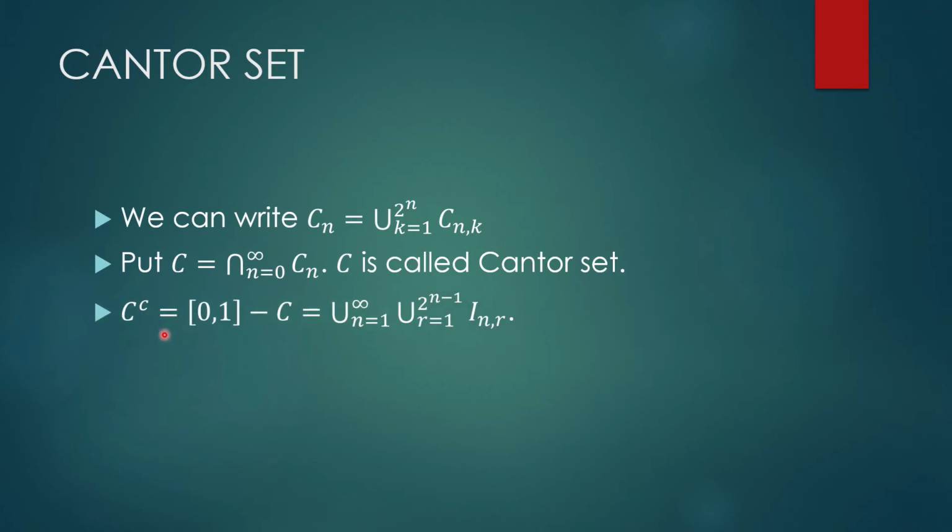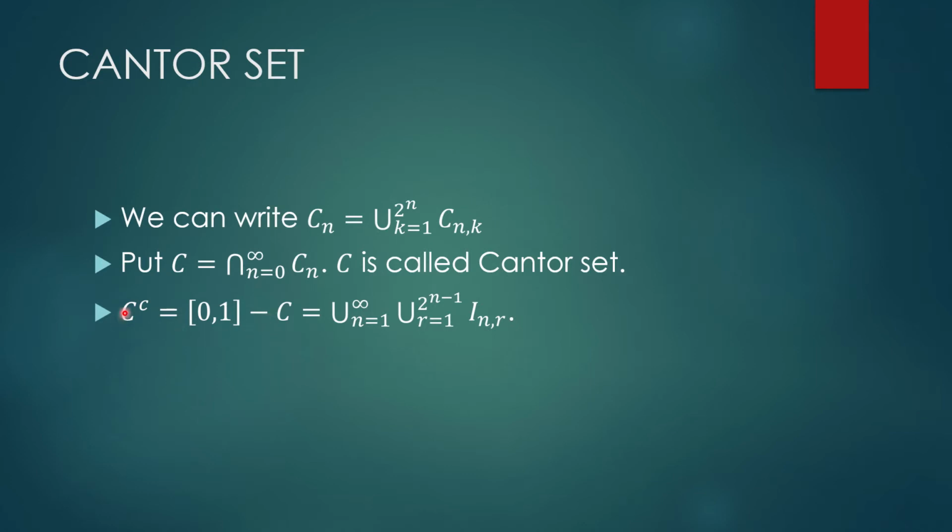Alright, so what is the complement of the Cantor set? How did you get the Cantor set? You get it by removing intervals. In each step you remove intervals, and the remaining set is called the Cantor set. So the complement of the Cantor set will be those intervals that have been removed.